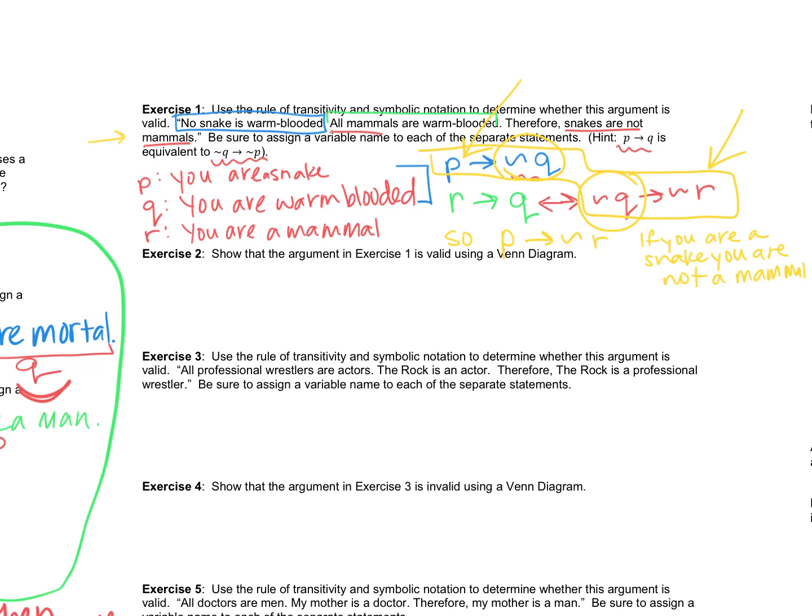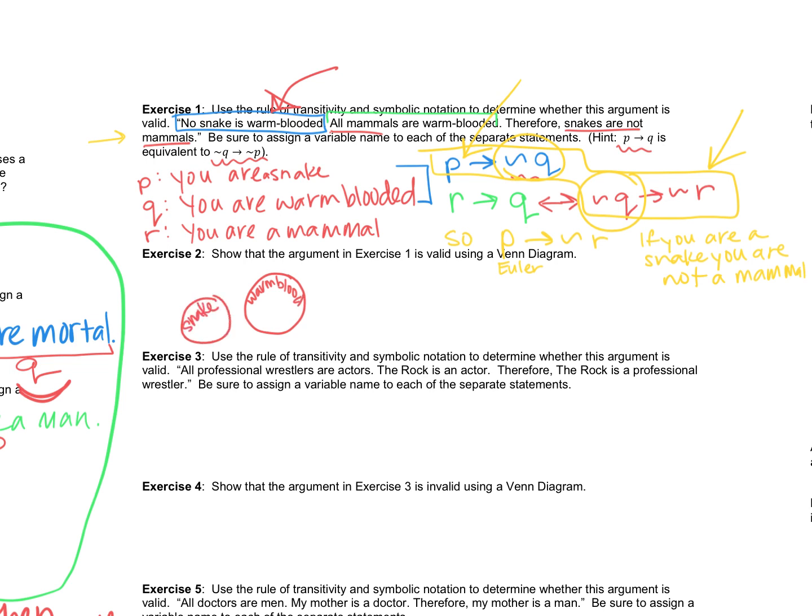We can also do this using a Venn diagram, or sometimes your book will call it an Euler diagram. When we say that no snake is warm-blooded, we can have the set of all warm-blooded things, and snakes would not live inside of that.